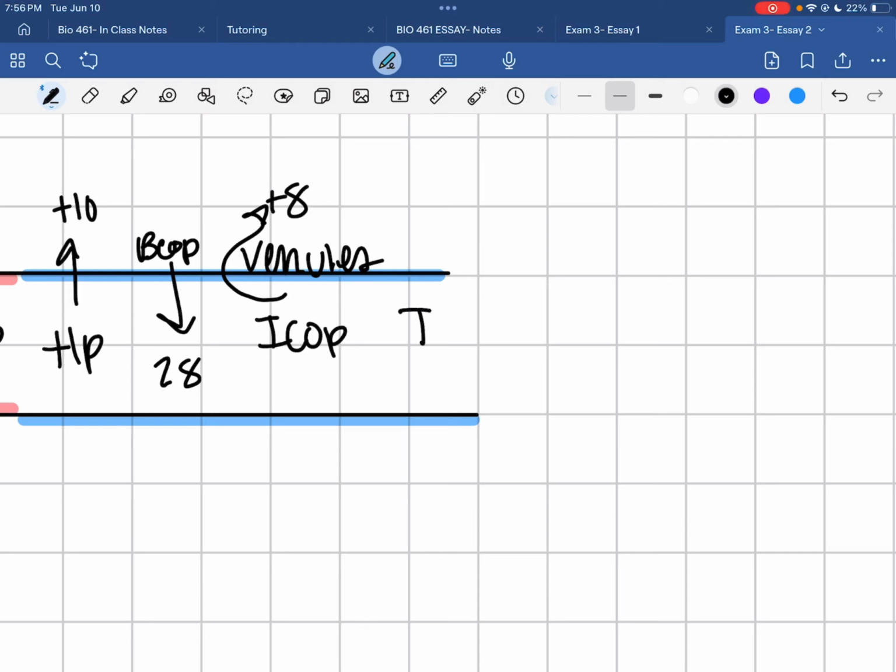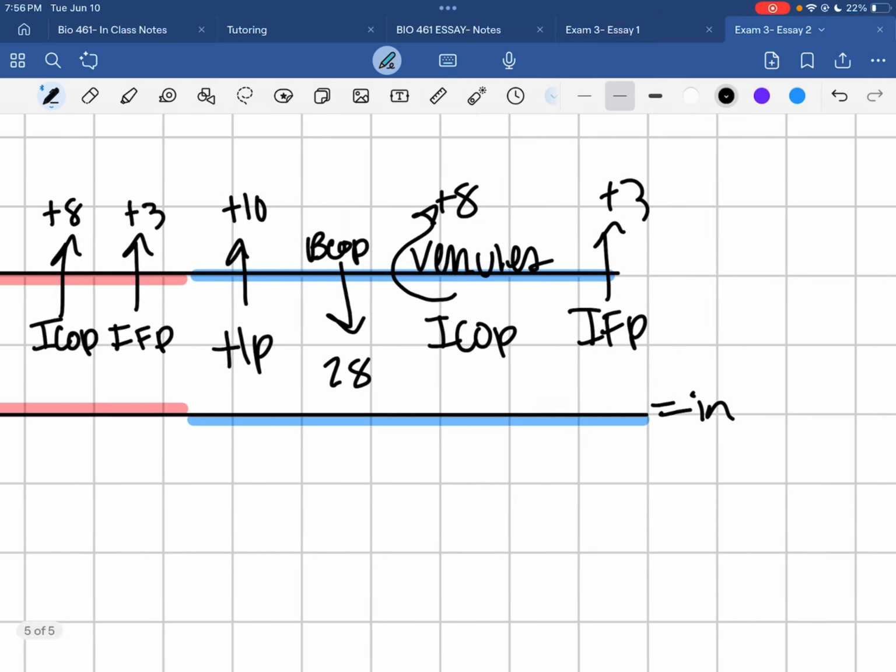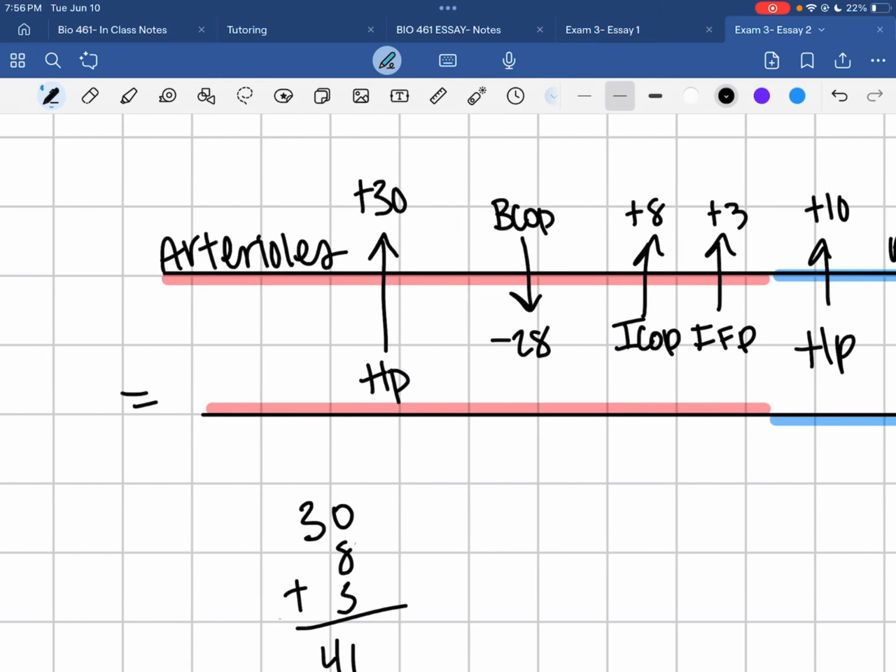And then again, we'll have our ICOP, interstitial colloid pressure, which is going to go out, positive 8. And then IFP, interstitial fluid pressure, positive 3. And then this is going to be going in.